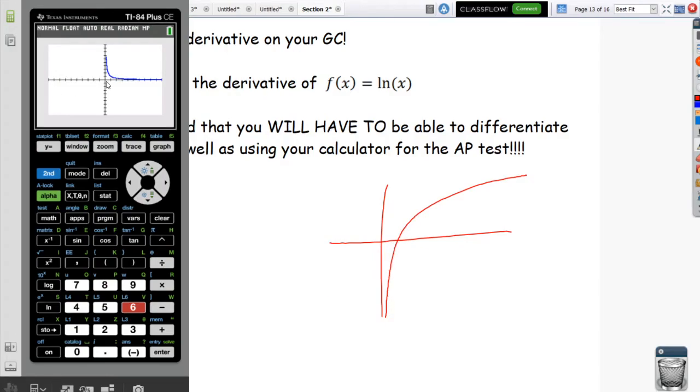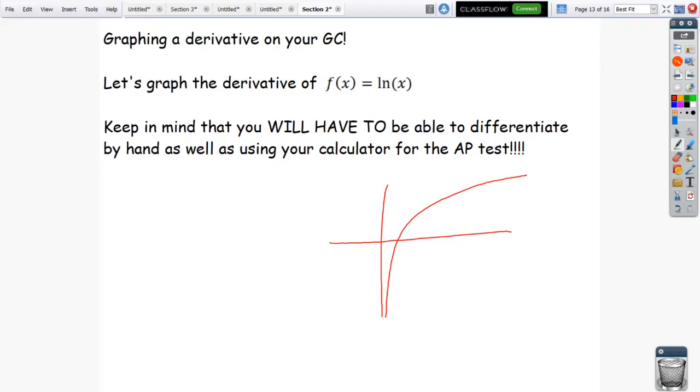That's why the derivative starts off really high. As we go to the right on this graph, it tapers off and becomes more and more flat. It never becomes quite flat because ln always grows. So you can see that the horizontal asymptote of the derivative of ln of x is going to be right at about y equals 0.